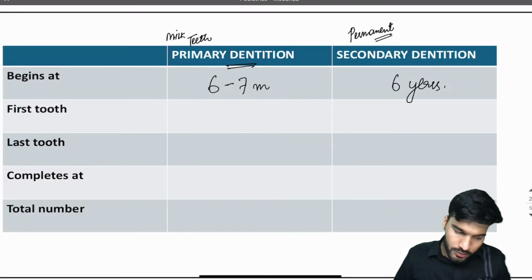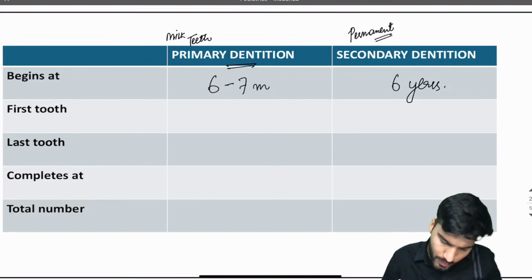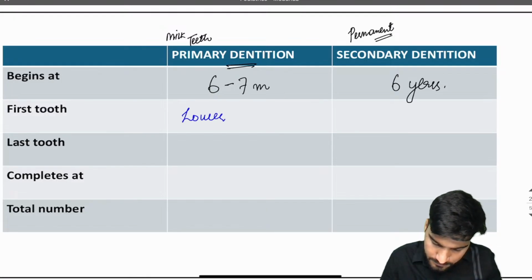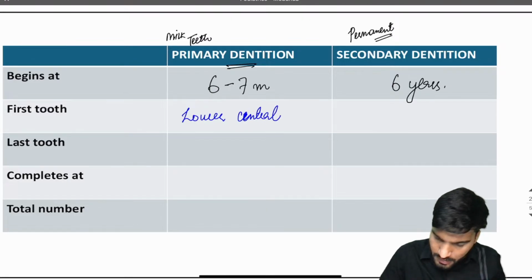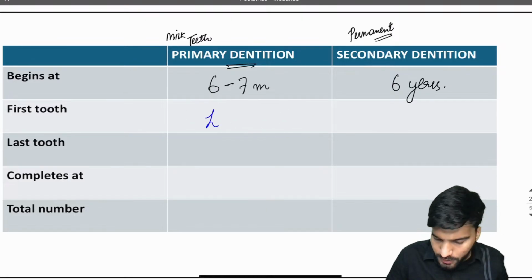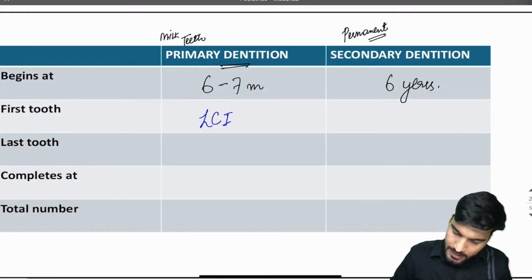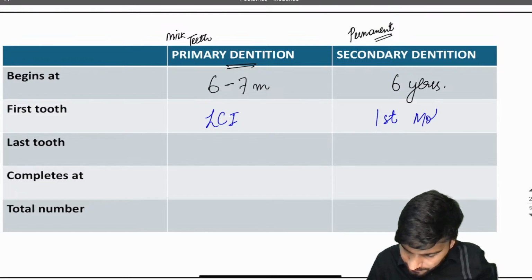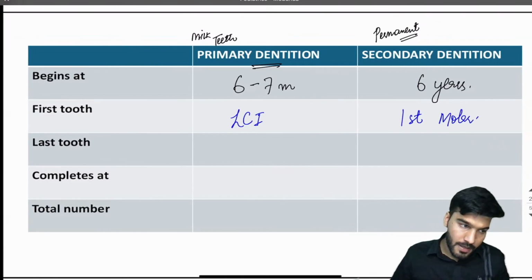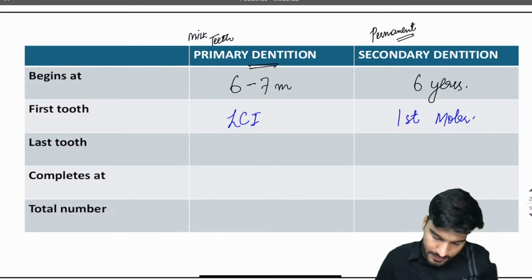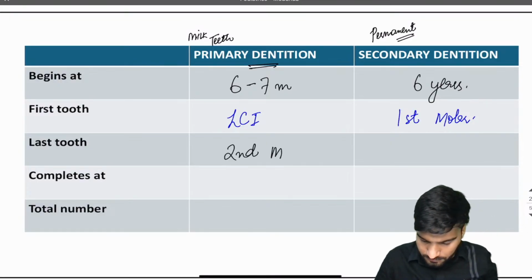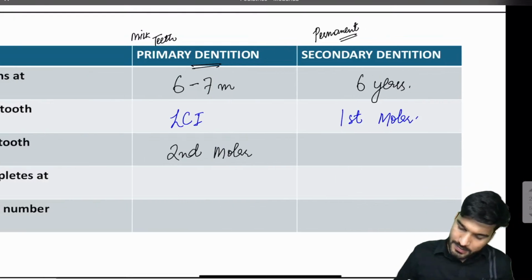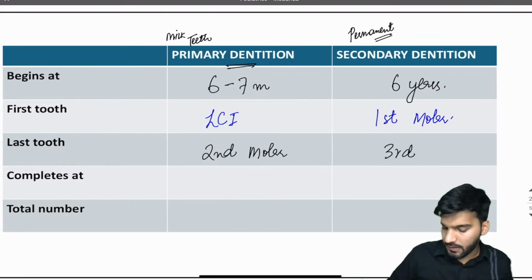Okay, if you talk about the first tooth, that is the lower central incisor. And if you talk about the permanent one, that is the first molar. If you talk about the last tooth, that is the second molar, and in secondary dentition, that is the third molar.